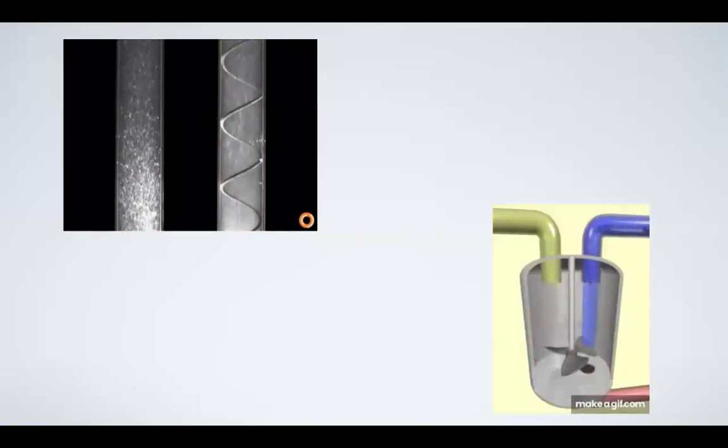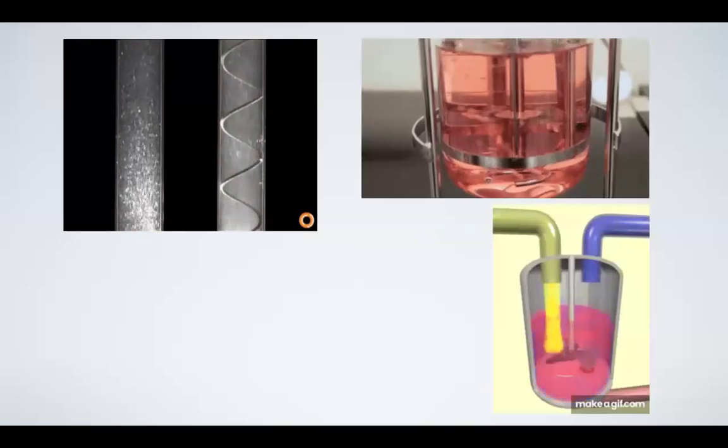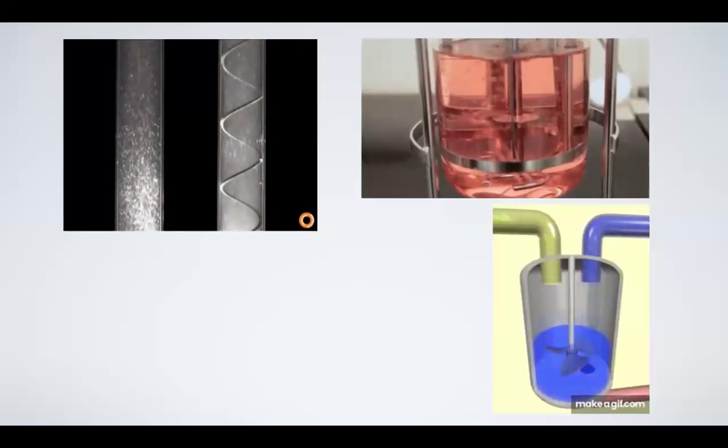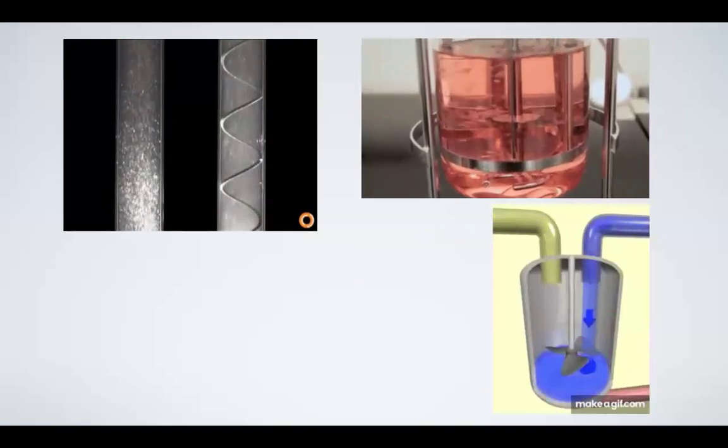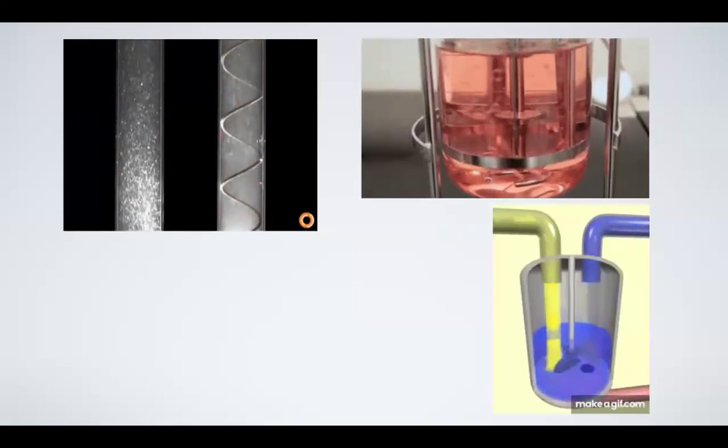And what about this? We have some kind of mixing tank or reactor, with two feeds coming in, mixing, and the colors change. So there's something going on in there. There's also another type of reactor, where we feed gas bubbles into the liquid phase.